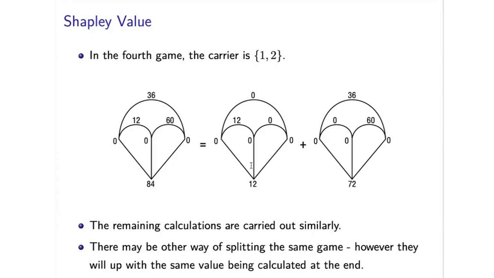The next step is to apply it to this game on the right hand side, where you are perhaps considering 1, 3 as the carrier, right? So in that case, you would write this 36 in the new game as one value. You're going to take away 36 from this 60, and again from this 72, you're going to take away 36. So this is basically the same procedure, doing it iteratively, right?